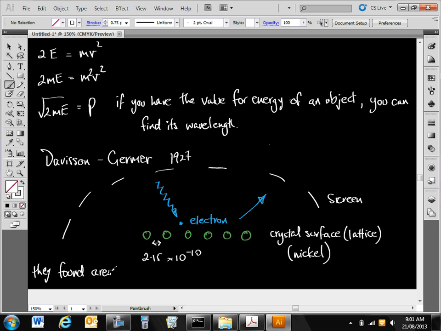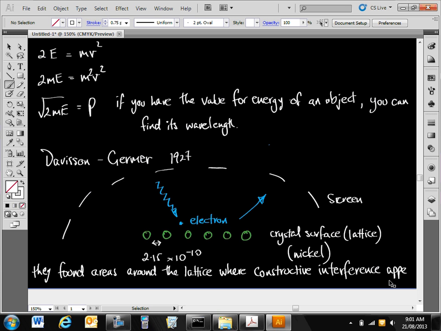They found areas around the lattice on the screens, in the reflection of the electrons, where constructive interference occurred.